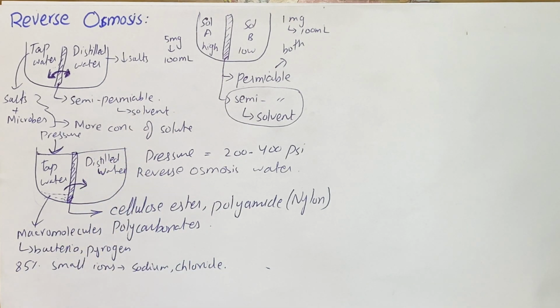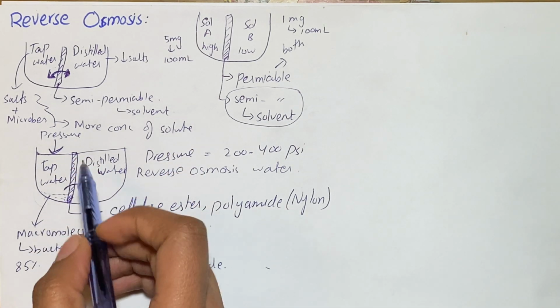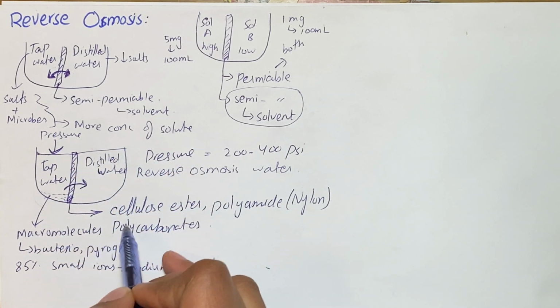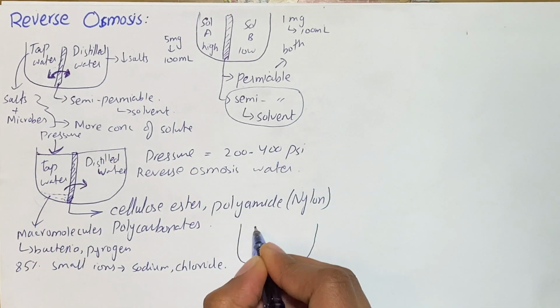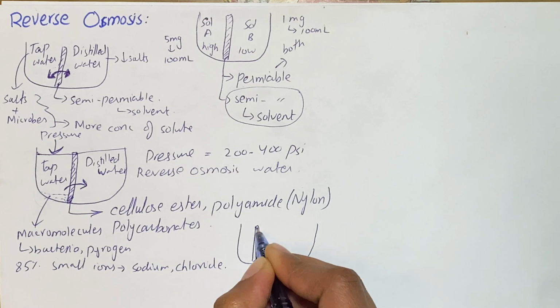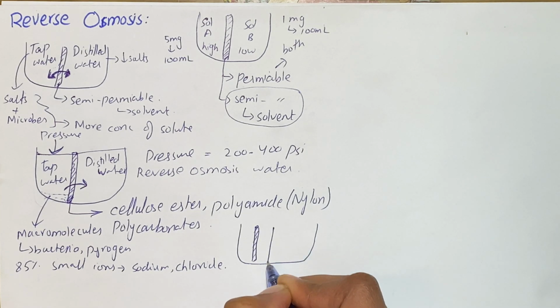If this is not sufficient to remove all the impurities or all the things we require to separate from our solvent molecules, what we do is install several semi-permeable membranes in series so that there will be a more efficient process like this.